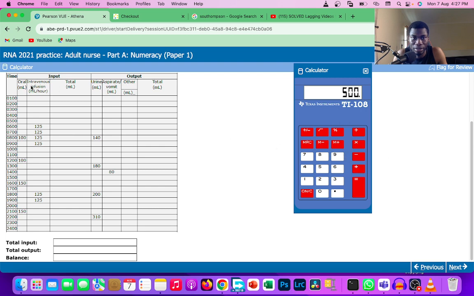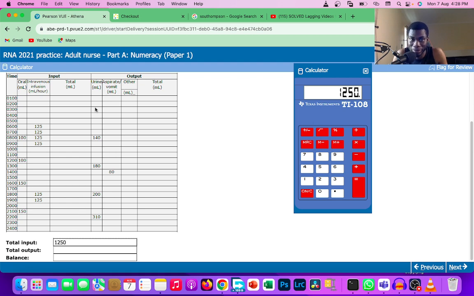So plus the first 125, plus the second 125, plus the third 125, plus the fourth 125, plus the fifth 125, plus the sixth 125. So in total we have 1250.